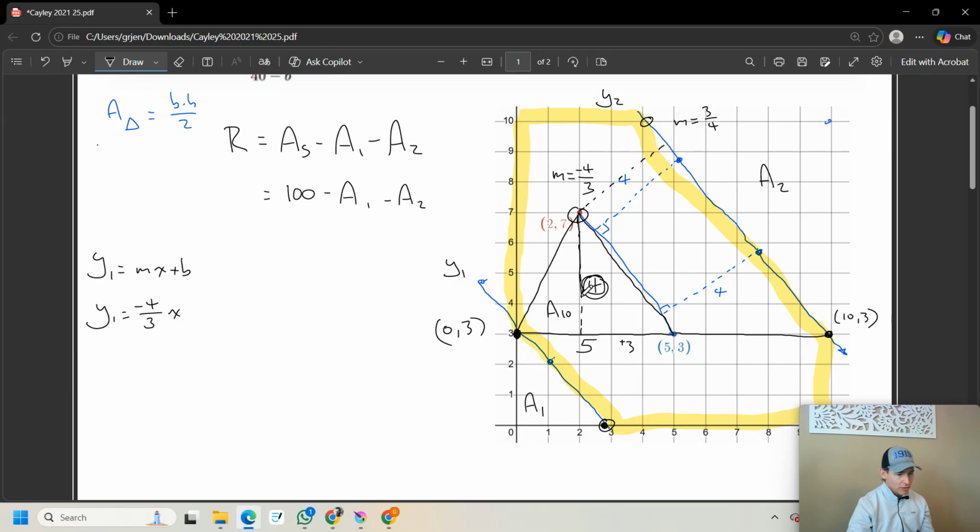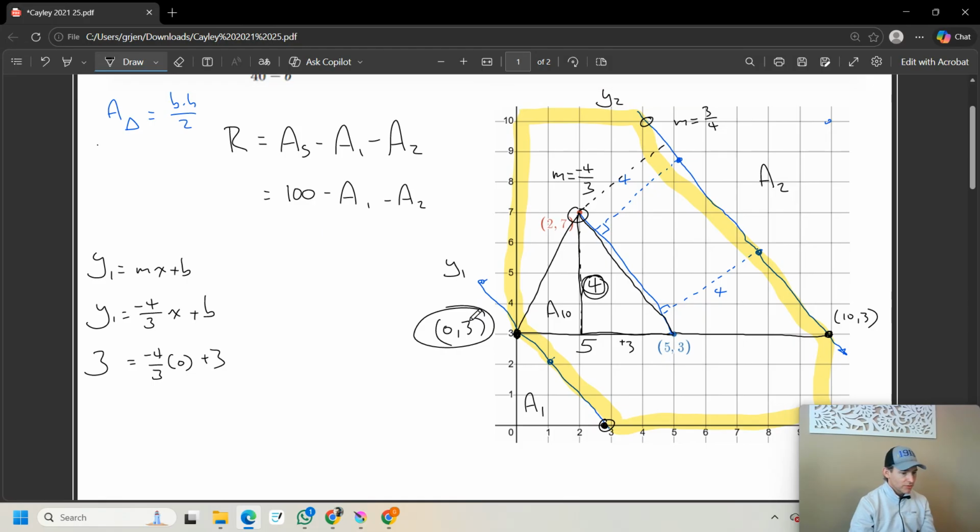This one goes down 4 in the y and over 3 in the x. Great. Then we're going to calculate the b, and we can use this point here. When x is 0, y1 equals 3. So we have 3 equals -4/3 times 0 plus 3.